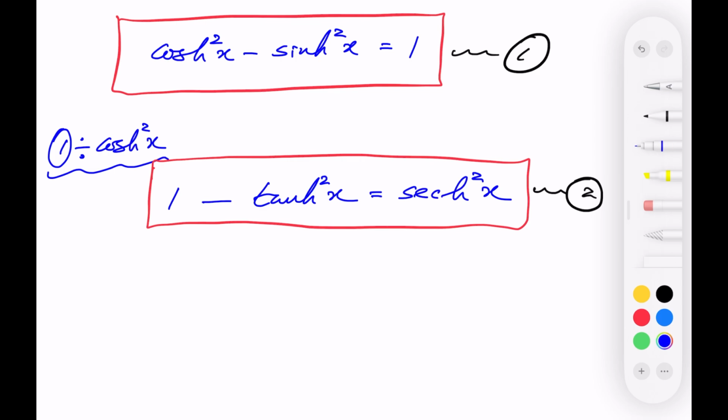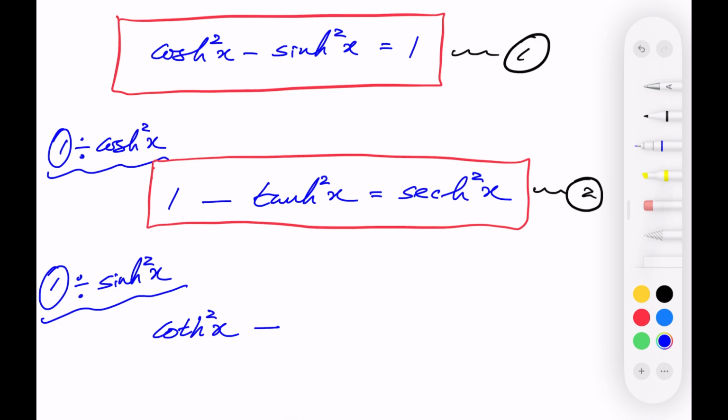Just like that, I can once again look at that first equation and divide both sides of that first equation, this time by hyperbolic sine squared x. When I do that, the first term is hyperbolic cosine squared x. When that's divided by hyperbolic sine squared x, I get hyperbolic cotangent squared x, coth squared x. That minus the next term is hyperbolic sine squared x.